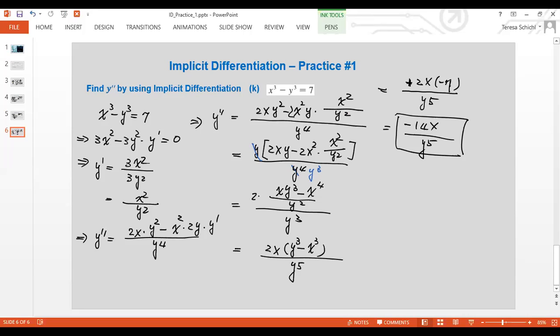And every time you take the derivative of the y, don't forget to use the chain rule. You have a y prime there. I hope that after we did about 11 problems using implicit differentiation, you will be good at it: how to find the first derivative and how to find the second derivative.